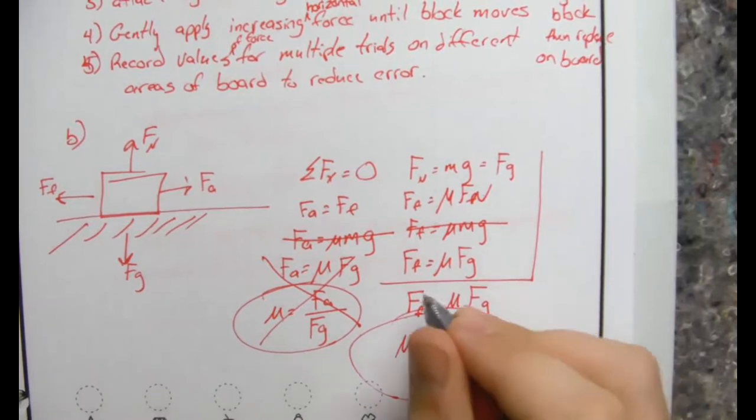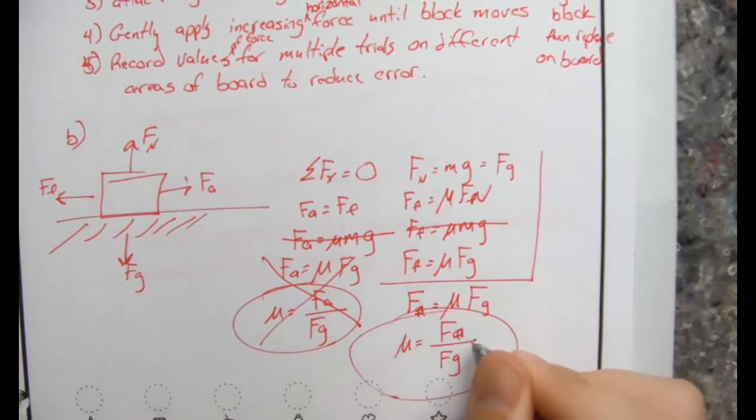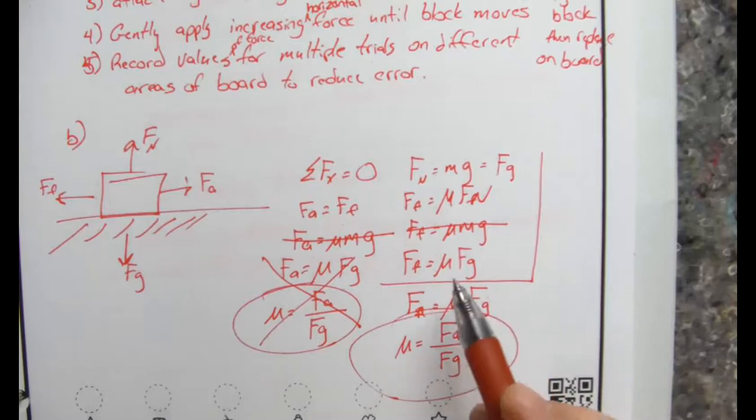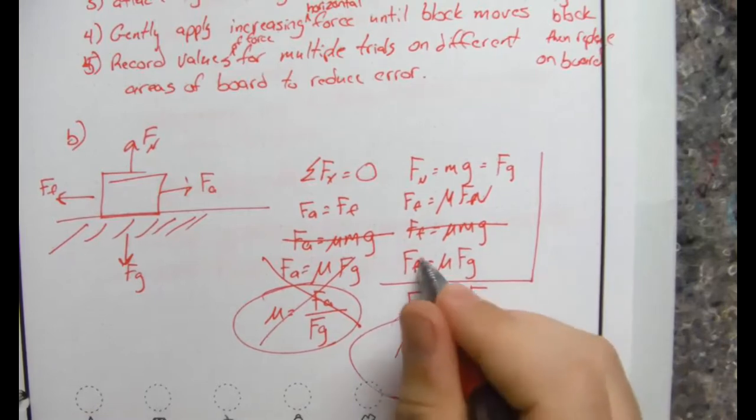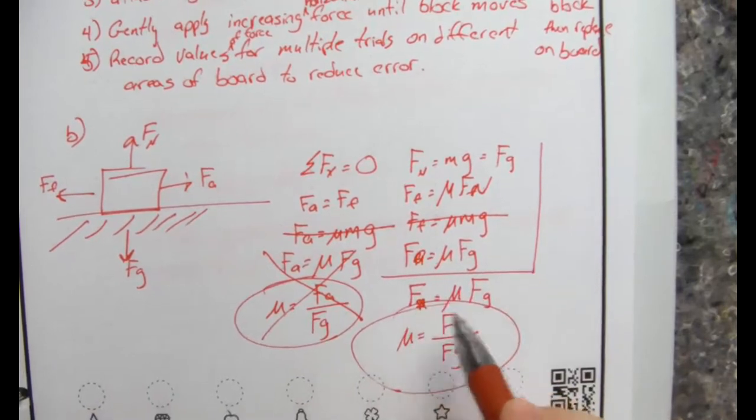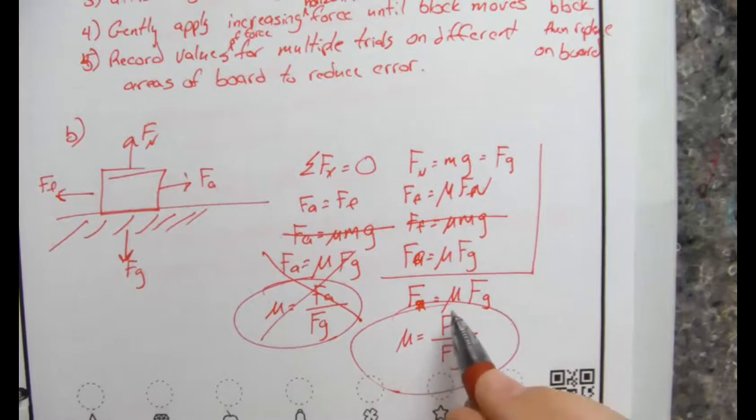So that really should be F of A, because I wouldn't have gotten full credit unless I had that F of A listed in my answer up here. But since the force of friction is equal to mu F of G, that needs to be F of A, F of A, F of G. And so that means mu is going to be the applied force divided by the force of gravity.